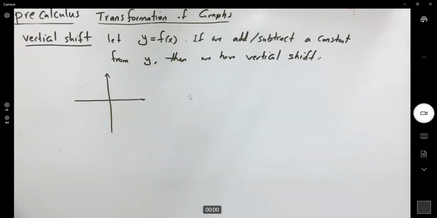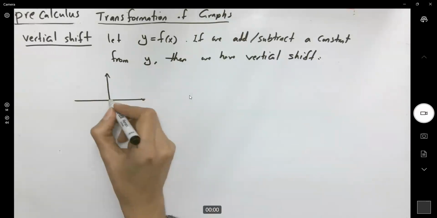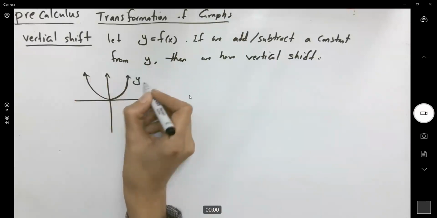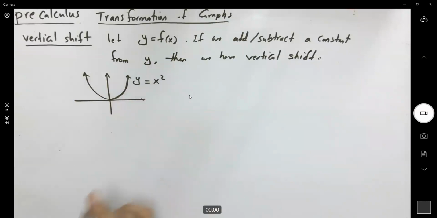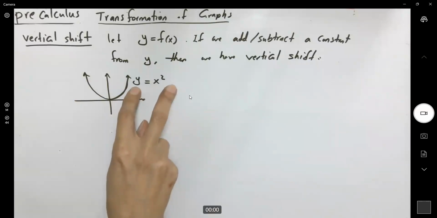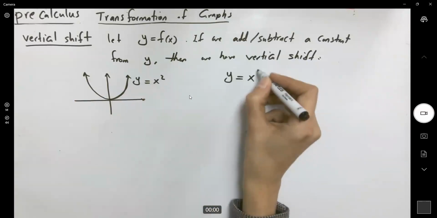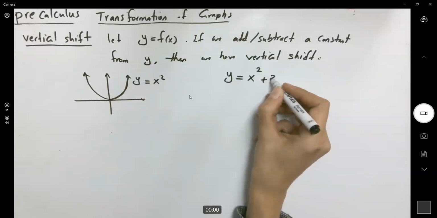Here you have your function, y equals, for example, x squared. Now, what I'm going to do is add a constant to my y value. I'm going to create y equals x squared plus 3.